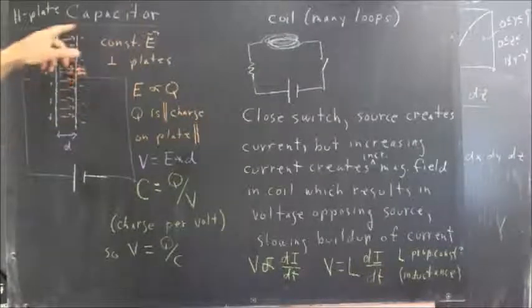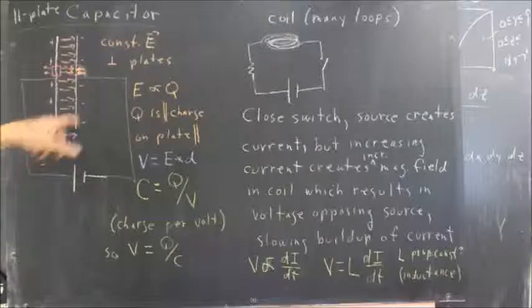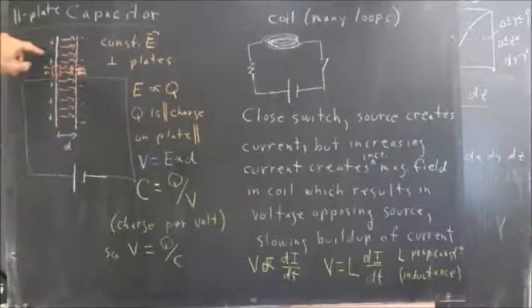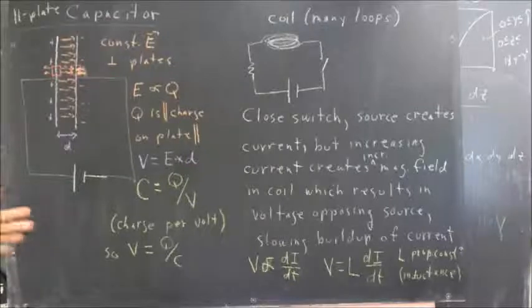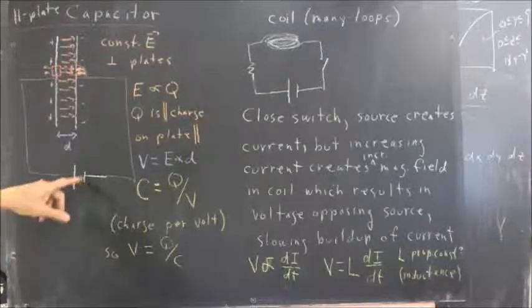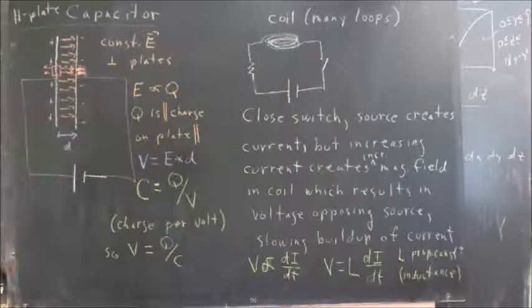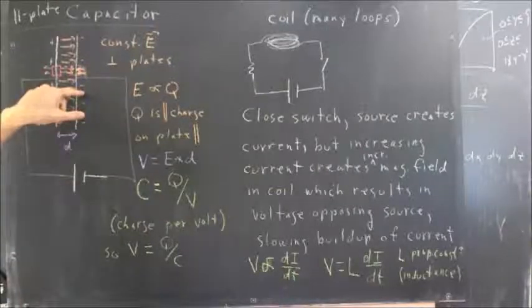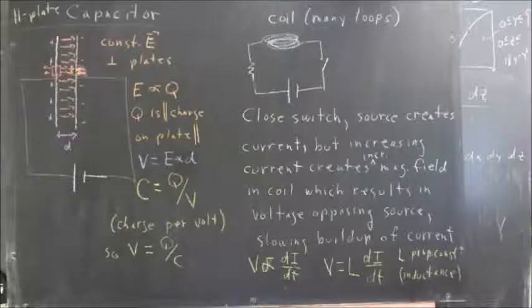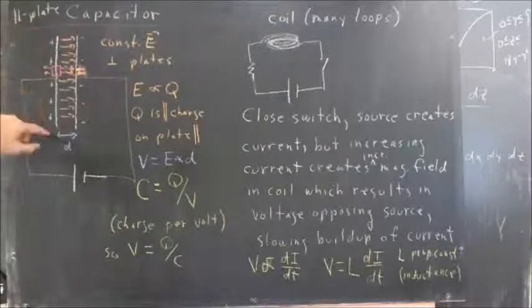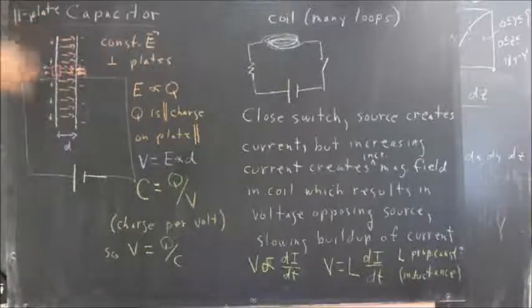So it moves positive charge from this plate through the circuit onto this plate. Now, in a circuit involving metal wires and metal components, more likely it pushes negative charge this way, in which case it pulls negative charge off of this plate and pushes it onto this plate. Either way, you end up with a positively charged plate here and a negatively charged plate here.